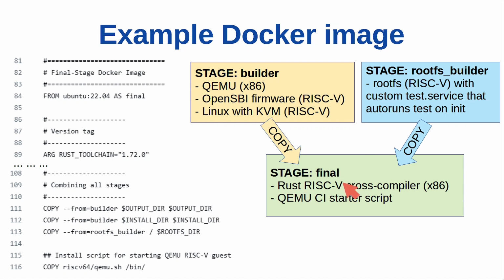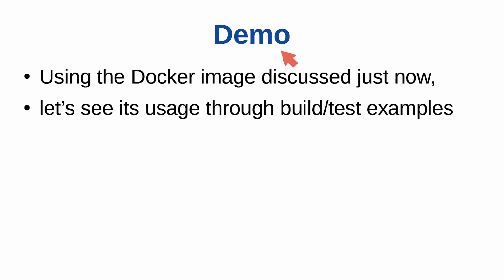In this final stage, we'll also install the Rust RISC-V cross compiler, and we also have a QEMU CI starter script, such that when we do the Docker run, we can specify the QEMU script to run the QEMU guest.